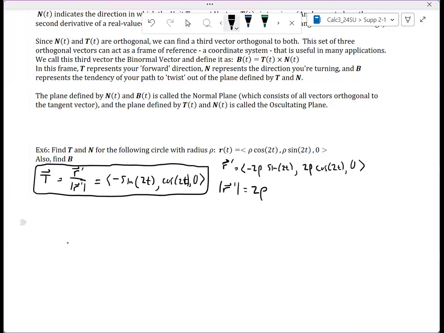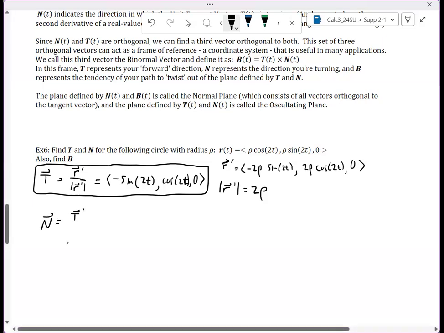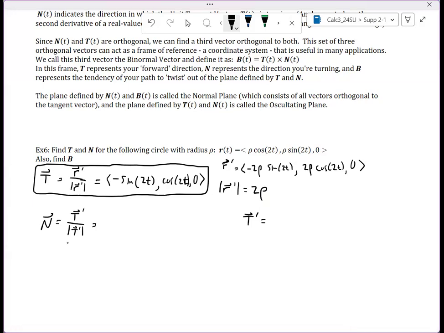Okay, so what about my unit normal? Well, that's T prime over length T prime. Just kind of doing this derivative process a second time. So what's T prime? Note that we're taking T prime here, not r prime prime. So we differentiate negative sine of 2t.